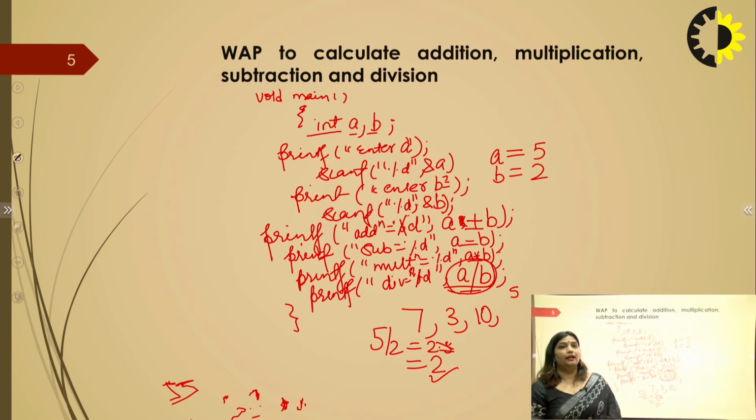If you want the floating point as well, we need to write %f, because %f is the format specifier for floating point.